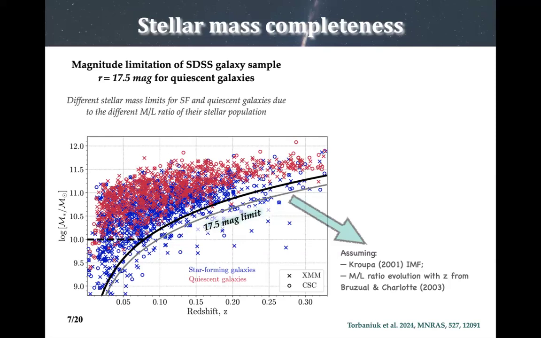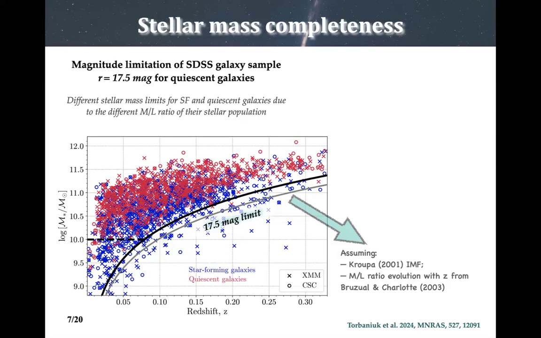It's just because quiescent galaxies have a different mass to light ratio for the stellar population. So quiescent galaxies with the same mass as star forming ones are less bright. At some edge of the SDSS limit, part of the quiescent galaxies just drop out.